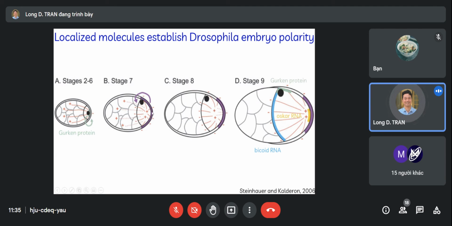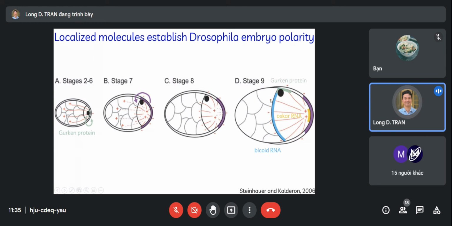And later, the signal from the posterior follicle cells will lead to changes in organization of microtubule, with the minus end at the center, and now the nucleus, which started at the center here, will be pushed towards one side of the oocyte, and this side will become the dorsal and also the anterior side of the embryo.